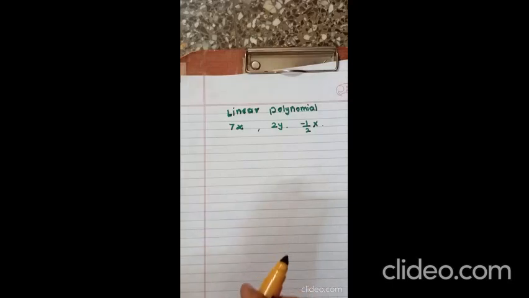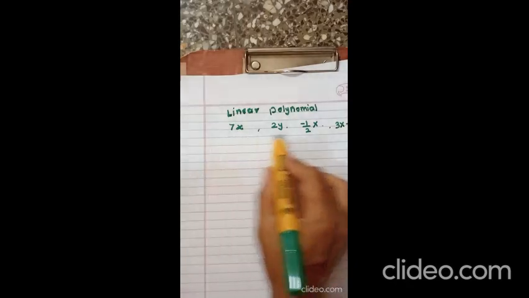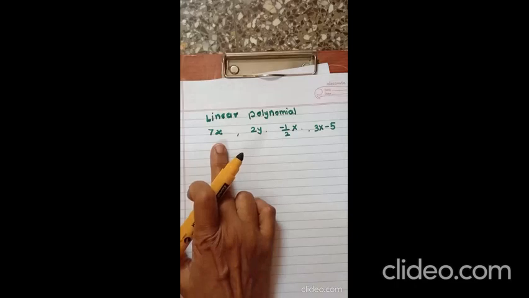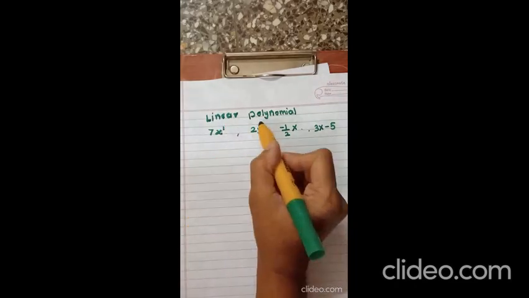These are linear polynomials. I can also show this as 3x minus 5. These all are linear polynomials. What is a linear polynomial? A polynomial having degree 1 is called a linear polynomial.